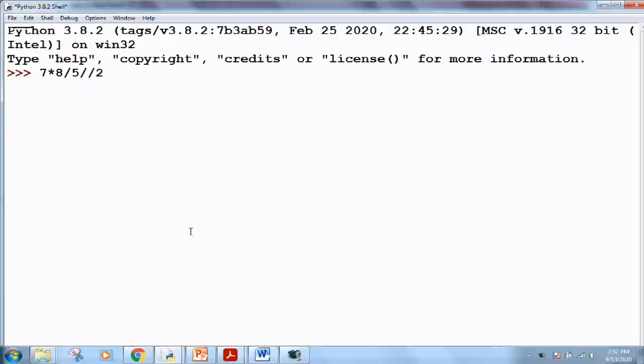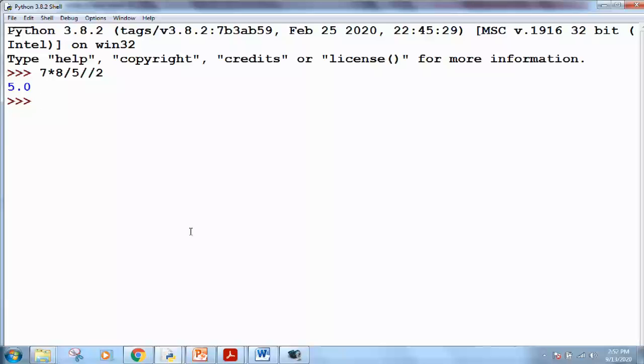Now this expression is solved as follows: 7 is multiplied by 8, that is 56. 56 divided by 5 gives you 11.2 as the answer, and when this is floor divided by 2, it gives me the answer 5. Okay, so this is how the operators are evaluated in Python. I hope you have understood this.